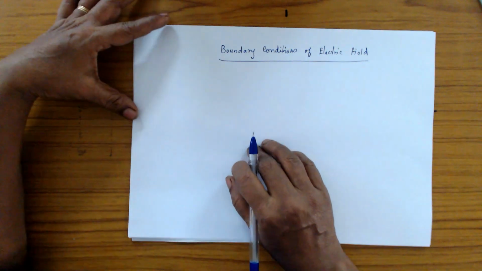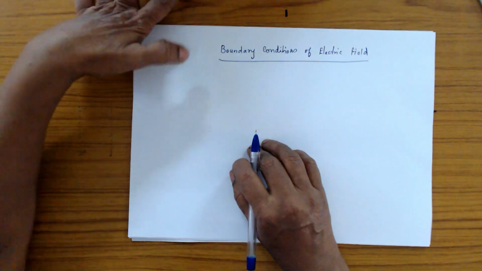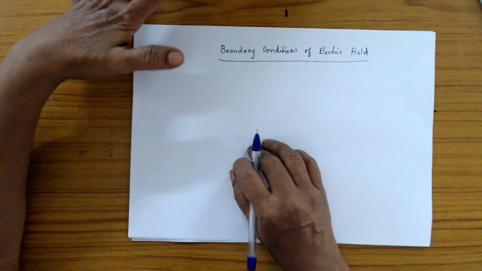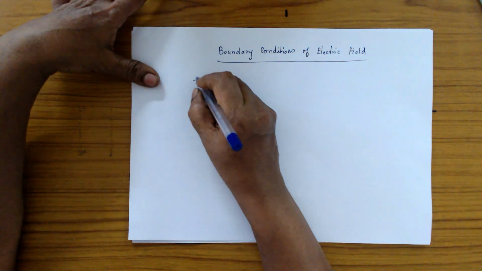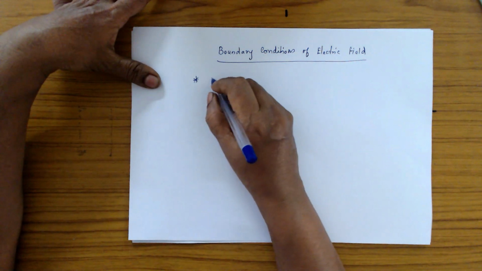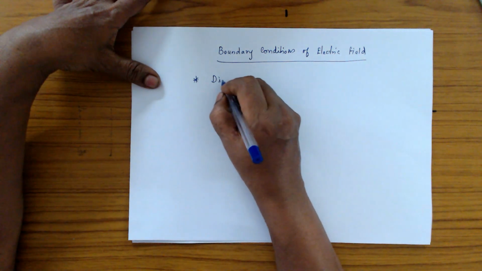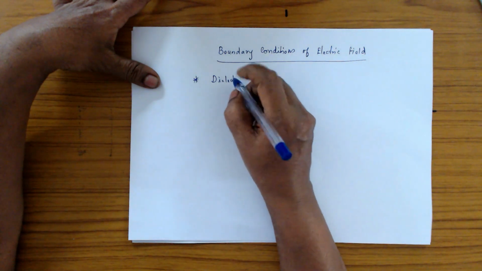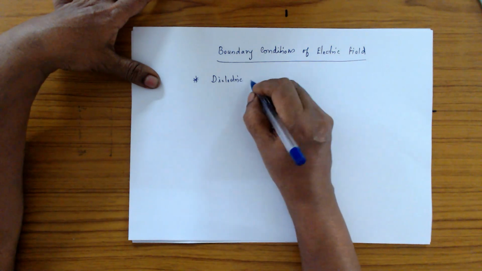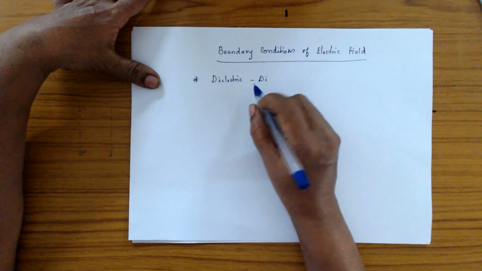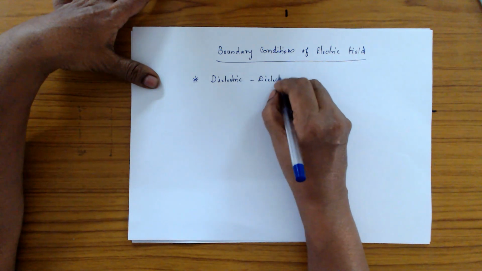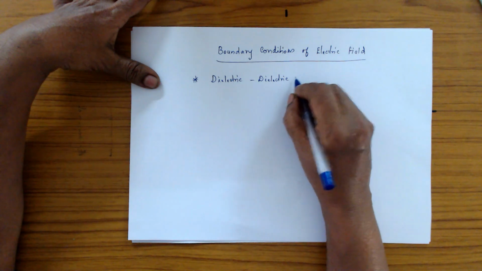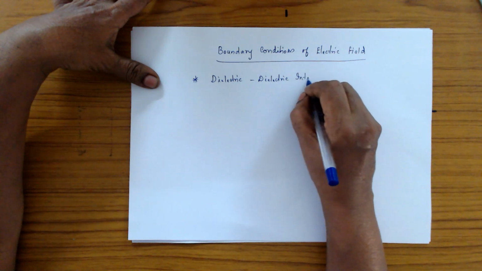The boundary conditions can be analyzed for various kinds of interfaces. One is where the medium may be a dielectric: one media is one dielectric, another media is another dielectric. So we need to go through the boundary conditions for the dielectric interface. That is first, the dielectric interface.